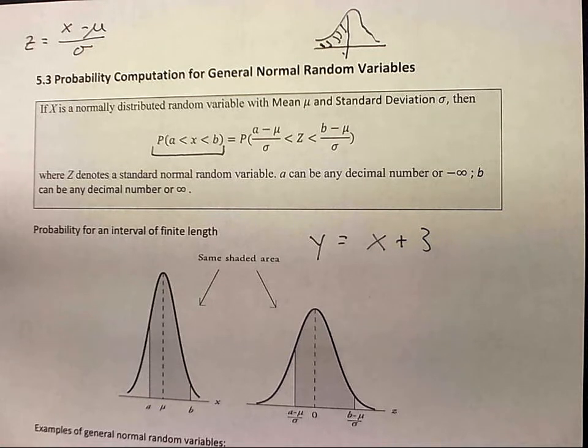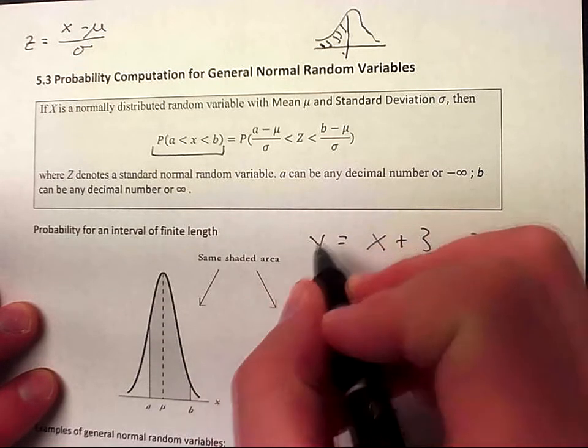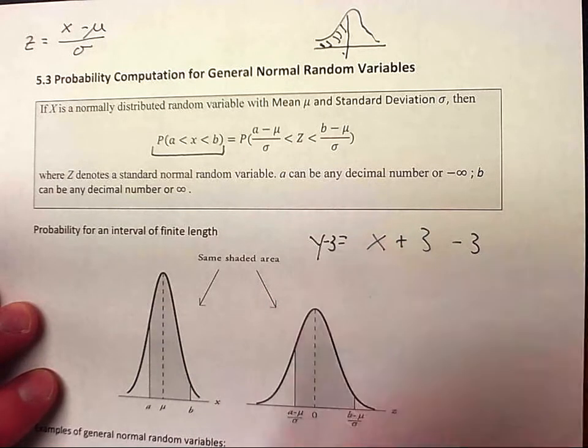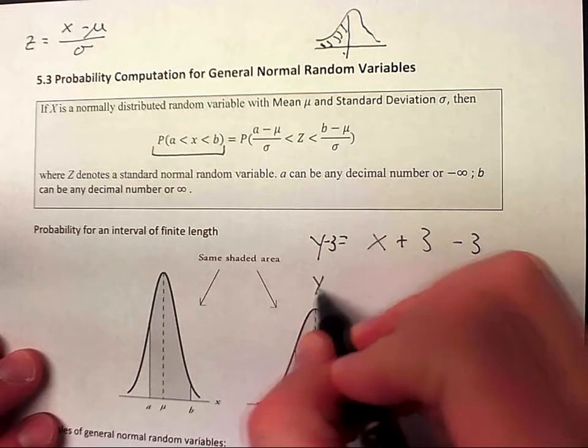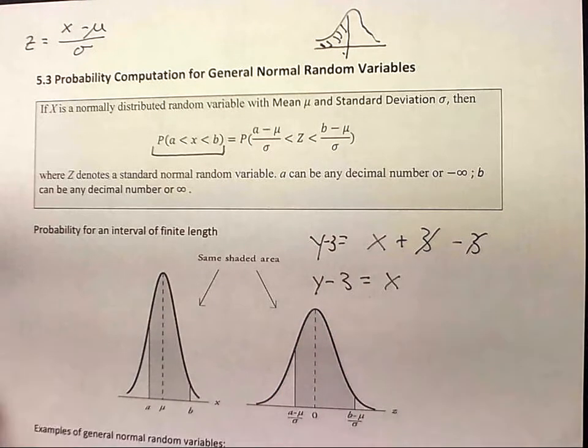But the important thing is that you're not just subtracting 3, you're subtracting 3 from both sides. So I subtract 3 from this side, and therefore I also need to subtract 3 from that side. So I would get y minus 3 is equal to x. If we wanted to solve for x, we had to subtract 3 from both sides.